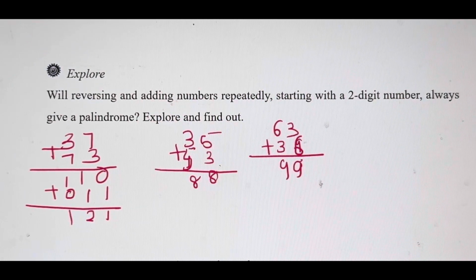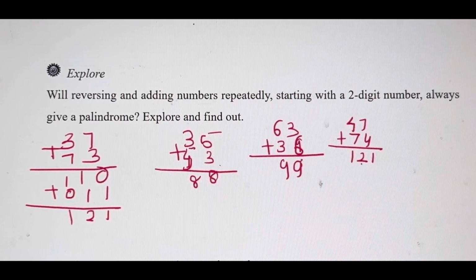So you get a palindrome. We'll try one more. 47 plus 74. 1 carried. So this becomes 121, which is a palindrome. So we saw some examples and we found all of them were palindromes. You can try with other numbers and come to a conclusion.